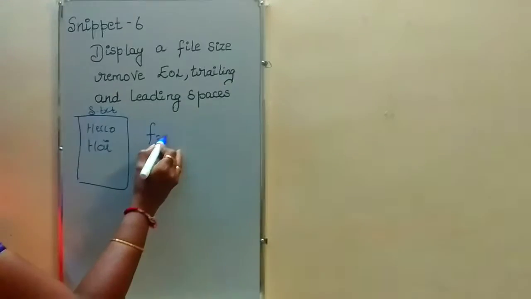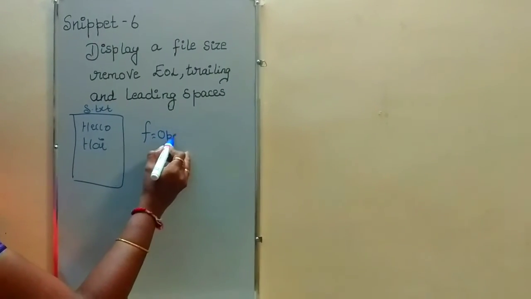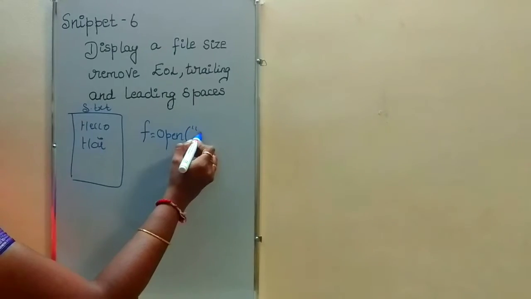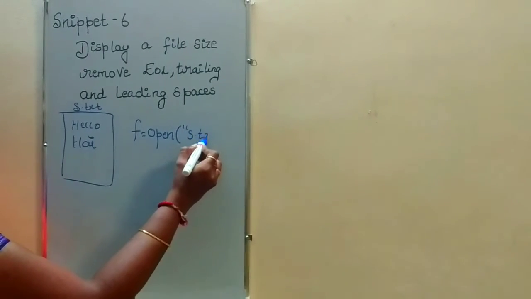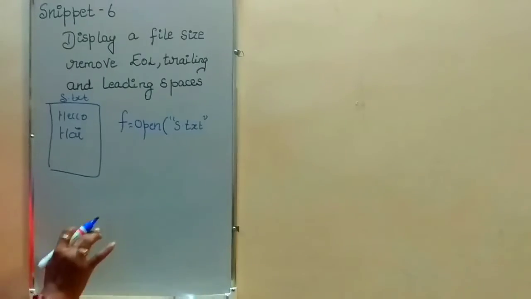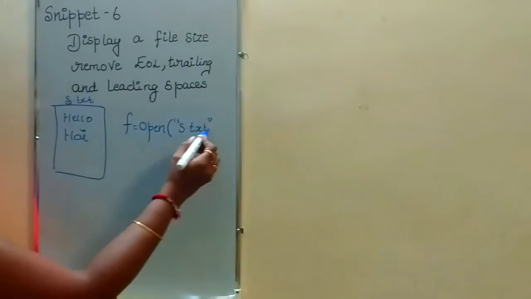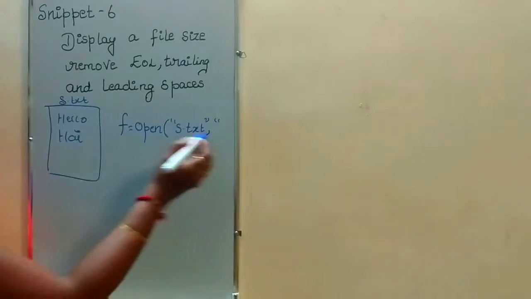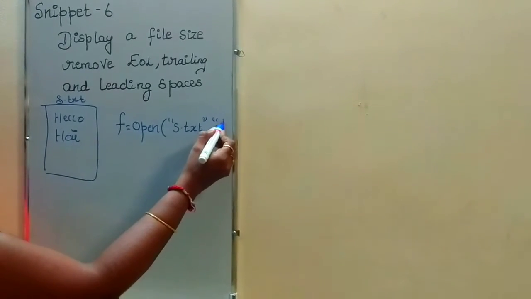F equal to open, and then the name of the file is s.txt. If it is in C drive, you have to mention that path, otherwise it will take the current directory. Comma, this file will be used for reading purpose, so you use R here.